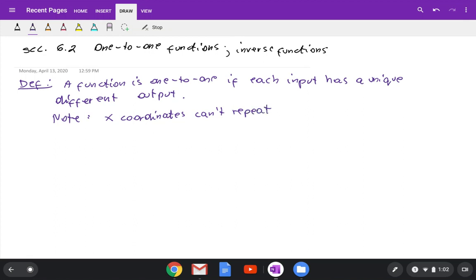So that's the easy way of knowing that something is a function. If we have a one-to-one function, what's going to happen? If you have a one-to-one function, also y coordinates can't repeat.